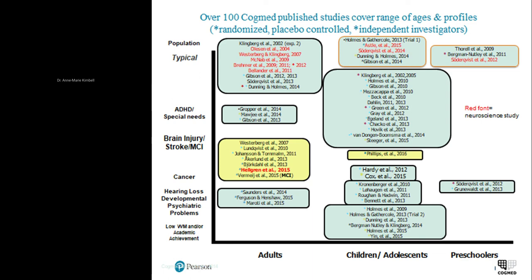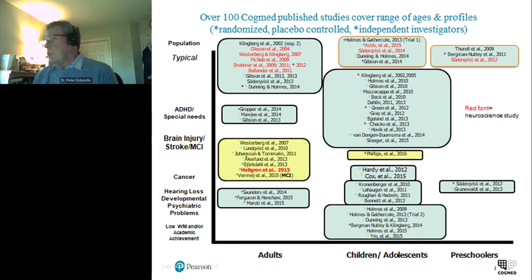The first thing I want to point out is individuals that have done the Cogmed program and they have accomplished approximately 25 sessions over a 5-week period of time, because that was the traditional model, will show improvements in their working memory. And we have data to show that the working memory for auditory and also visual spatial working memory is enhanced.